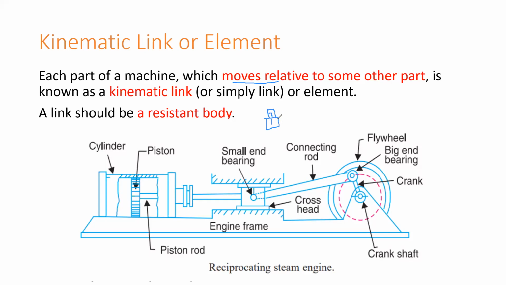One block is there, and another block is just put on that. Now suppose they are moving together. They go to the next position, which is like this: again block 1, and over it block 2 is there.